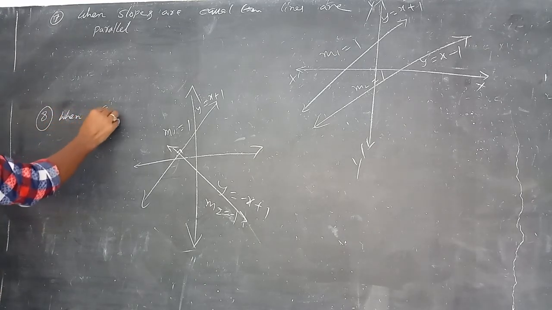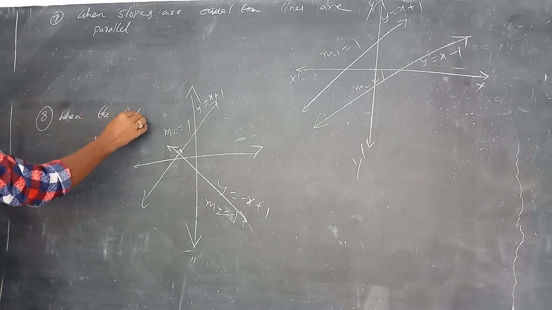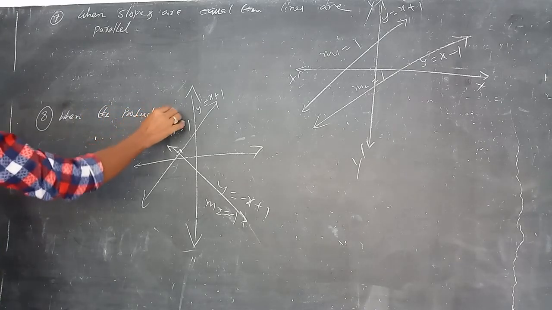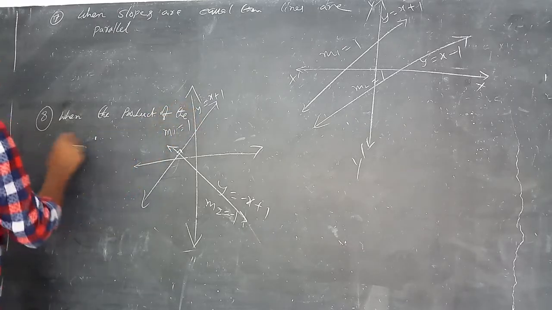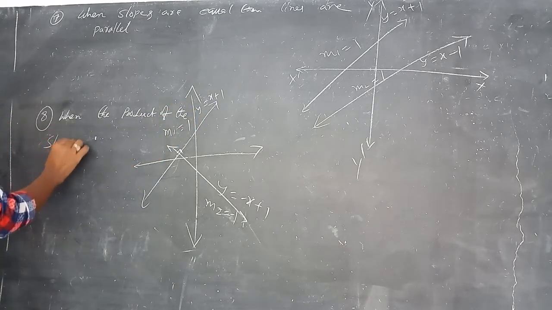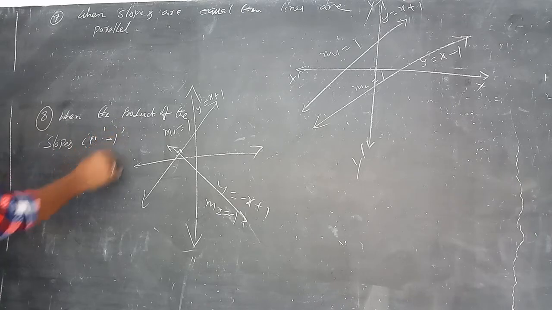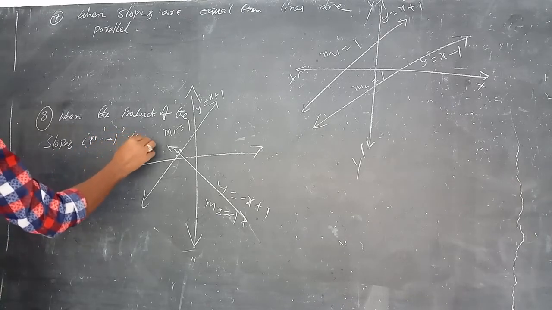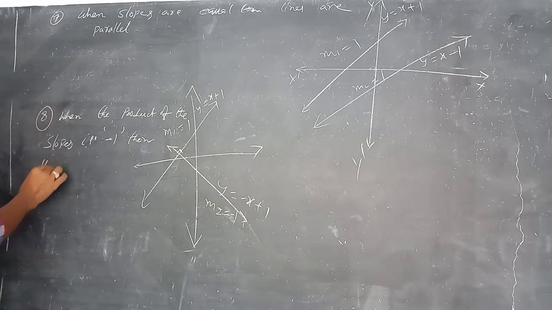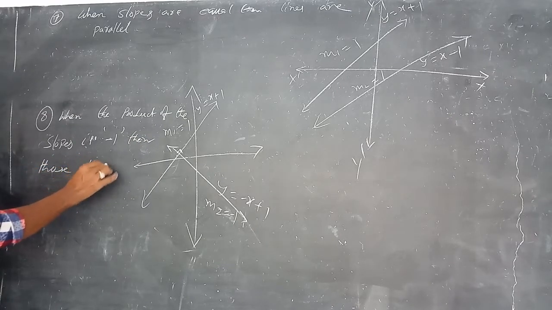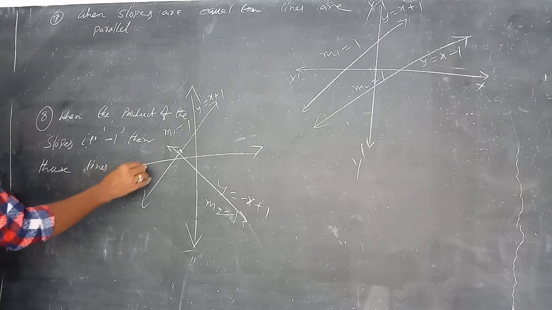So when the product of the slopes is minus 1, then those lines are perpendicular.